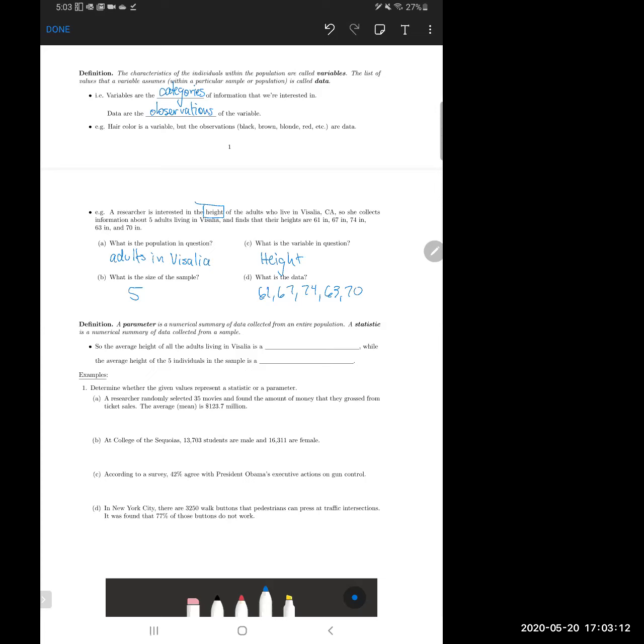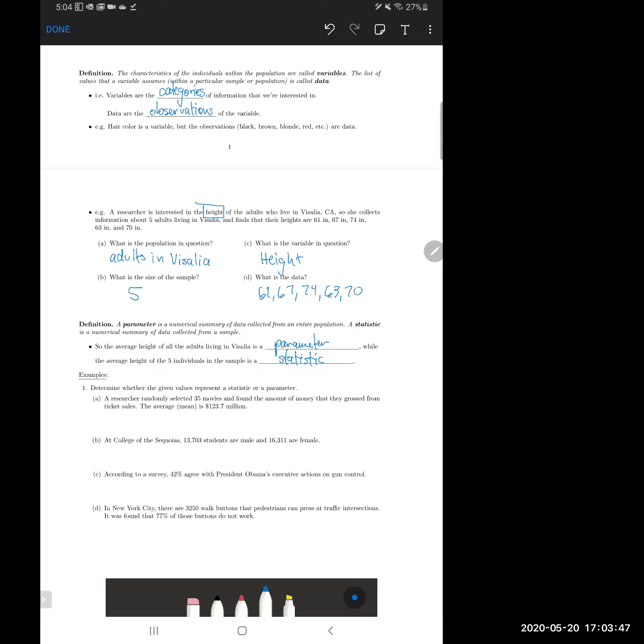A statistic is a numerical summary of data collected from a sample. So the mean of these 5 individuals would be a statistic, okay? So the average height of all adults living in Visalia is a parameter, whereas the average height of the 5 individuals in this particular sample is a statistic. And oftentimes, we're trying to estimate the value of a parameter based on the value of a statistic.